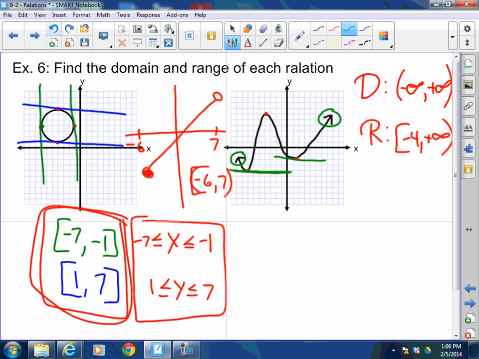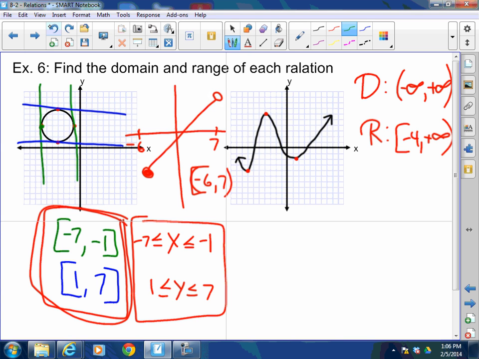Okay, what about this point? Is that my maximum y? No, because I keep going there forever. Does that make sense, Pablo? The range is the possible y's, correct?